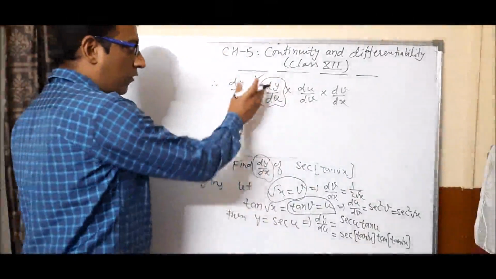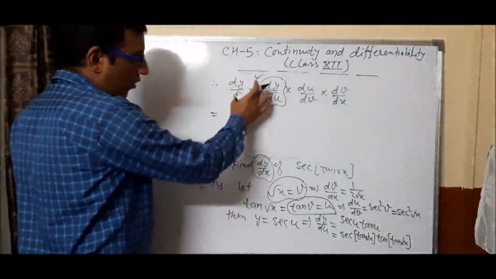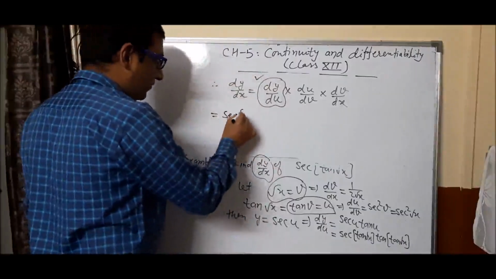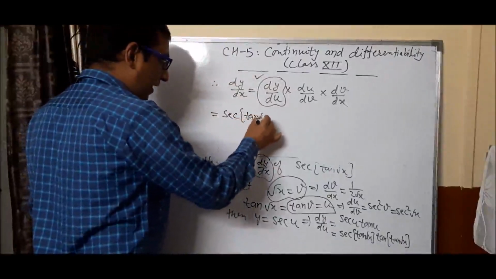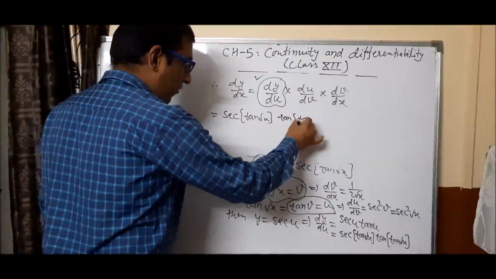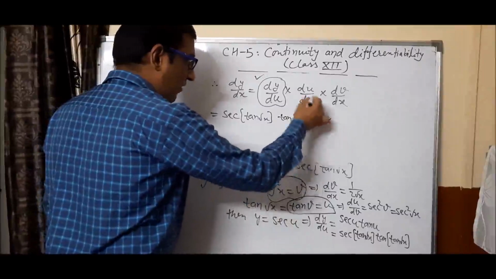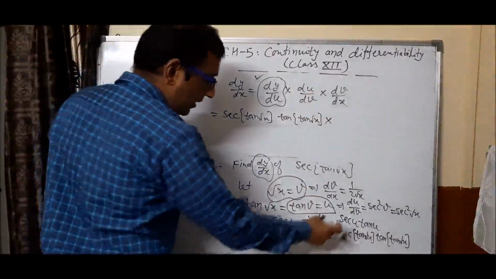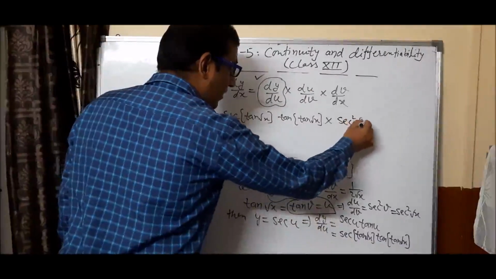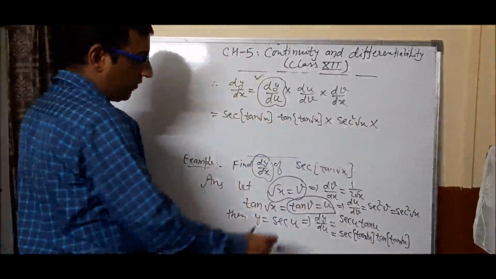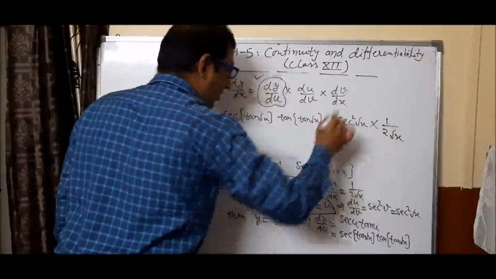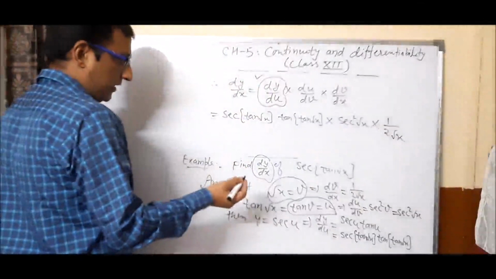Now we will put all the values here. The value of dy by du equals sec tan root x tan root x. After this we put the value of du upon dv, which is sec square root x. After this we put the value of dv upon dx, that is 1 upon 2 root x. Now we will rearrange it.